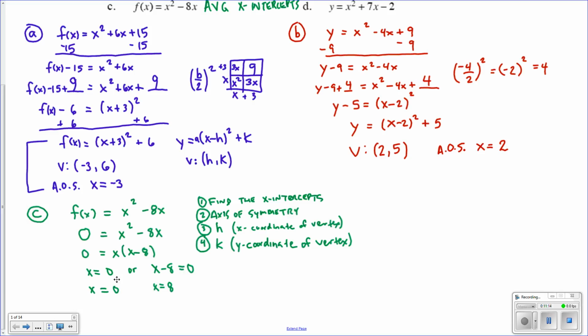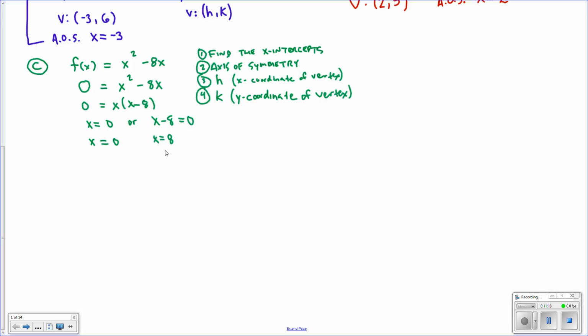Those are our two x-intercepts, which means if we want to figure out what h is, if you just envision that we have a parabola and it's got an x-intercept here at (0, 0), and it's got one over here at (8, 0).